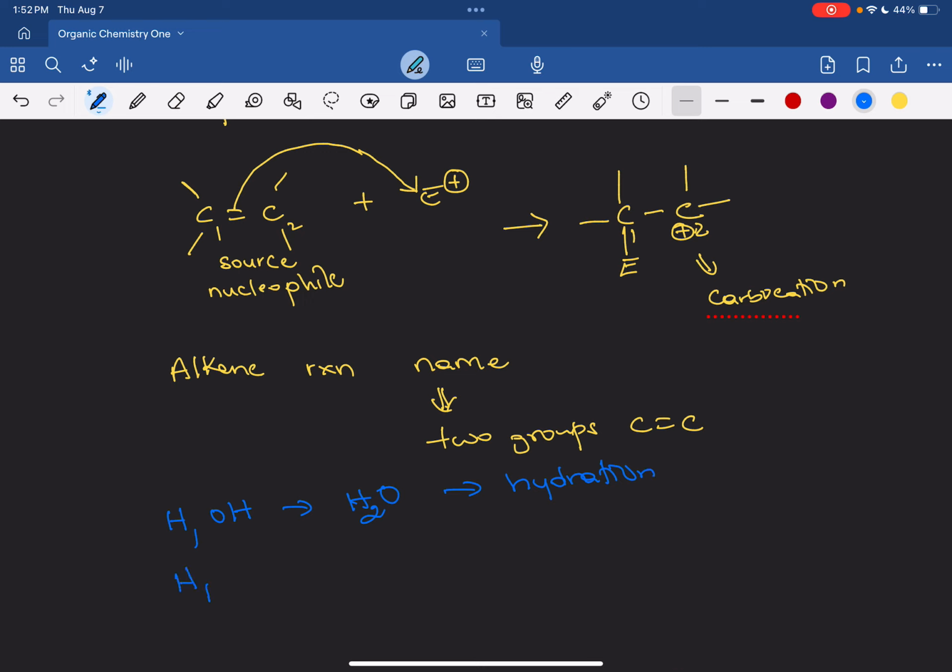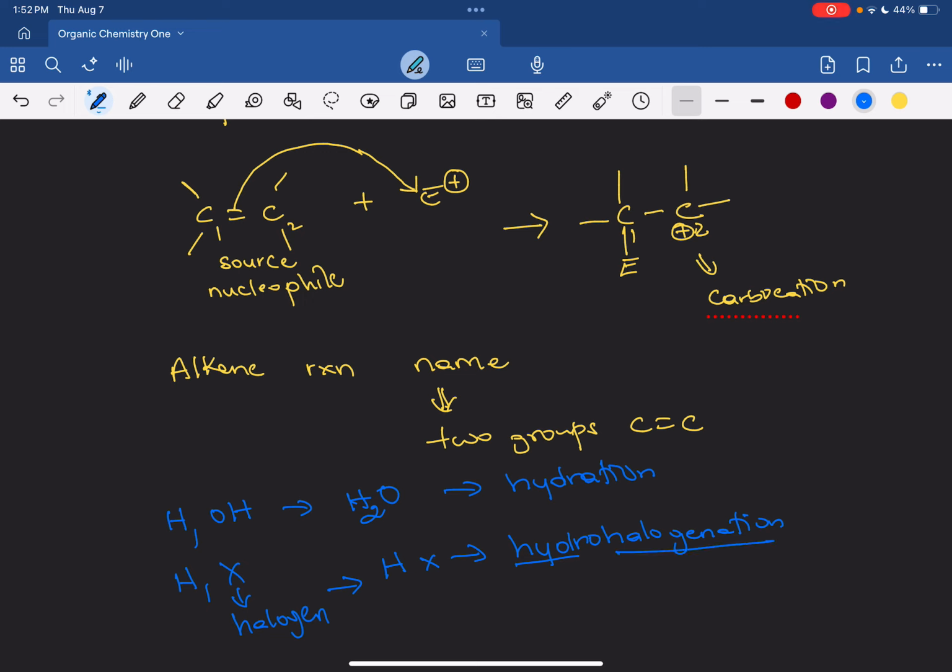If you add a hydrogen and X, where X is a halogen, let's say HCl for example, or let me keep HX and give you something general, where X represents any halogen, this reaction is called hydrohalogenation because you're adding a hydrogen and you're adding a halogen.